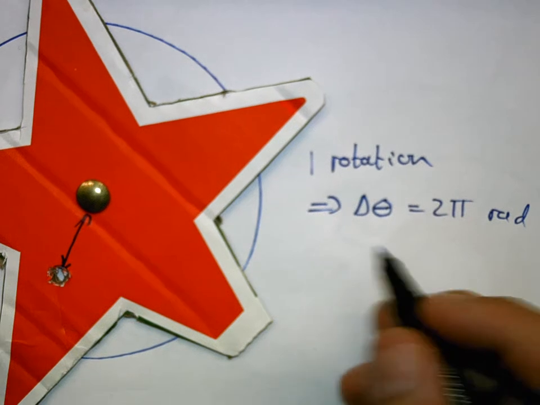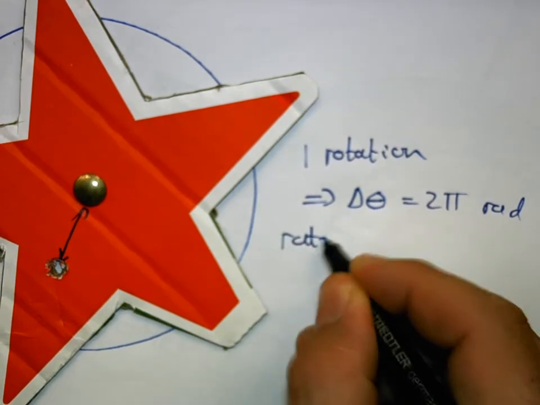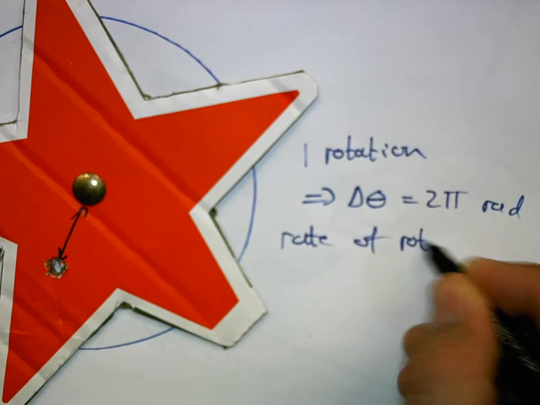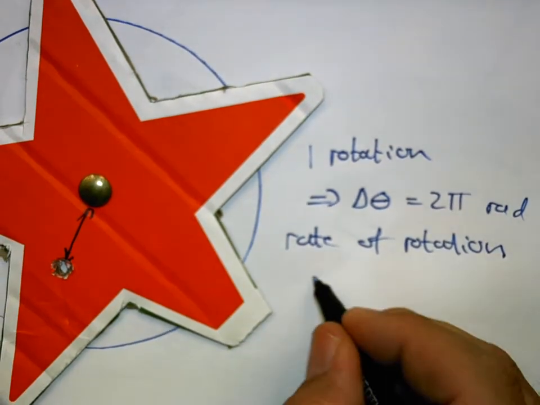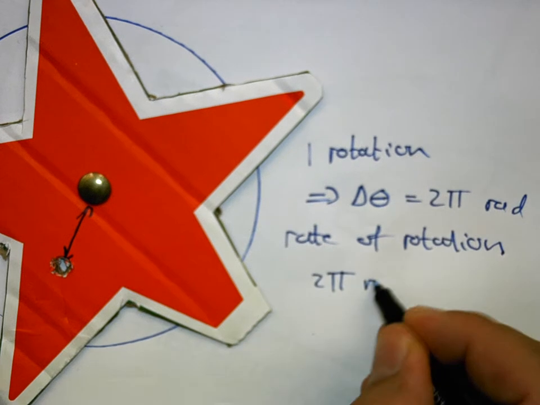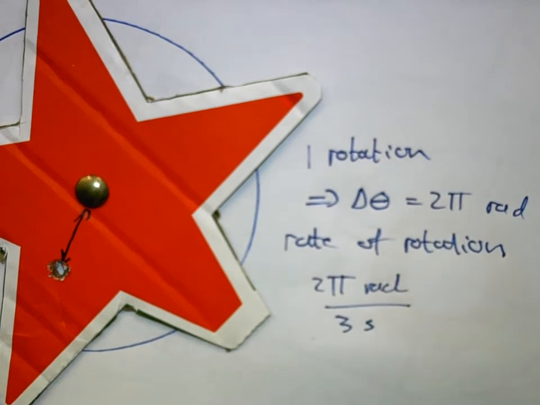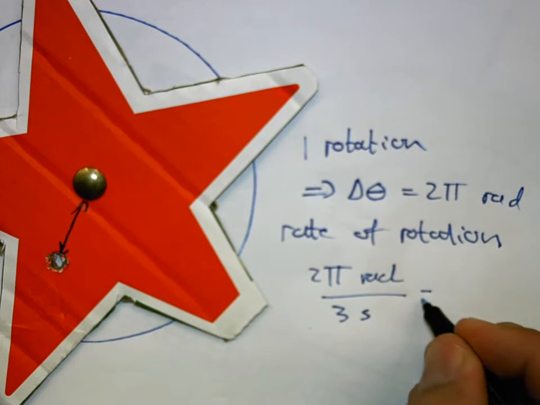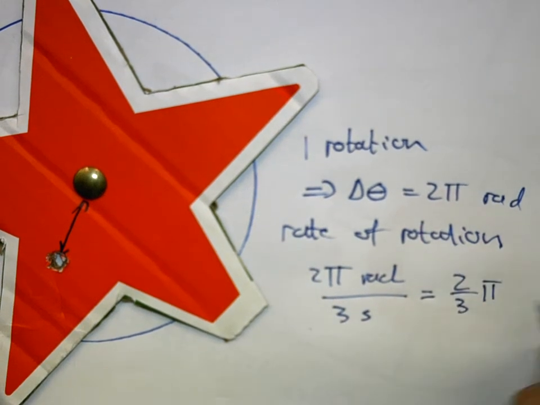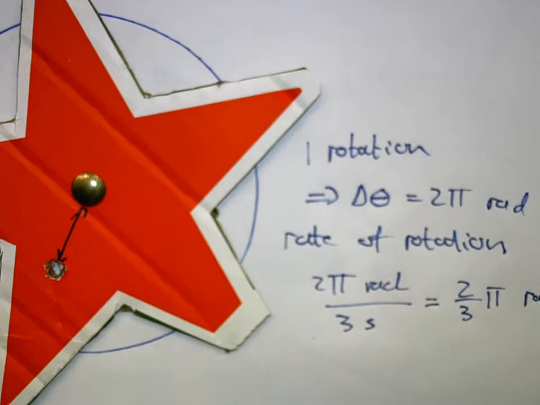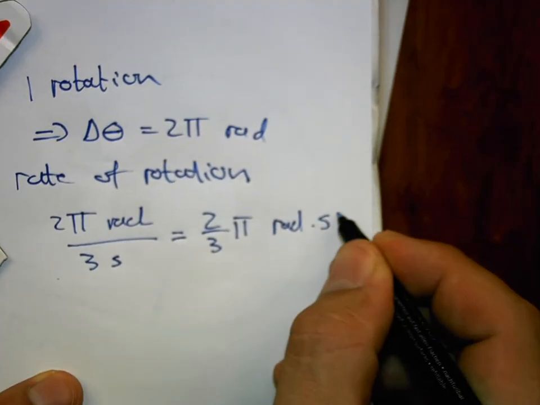So this means the rate at which this disk rotated is 2 pi radians in 3 seconds. So we can write this as 2 over 3 pi, and the units we're going to use are radians per second.